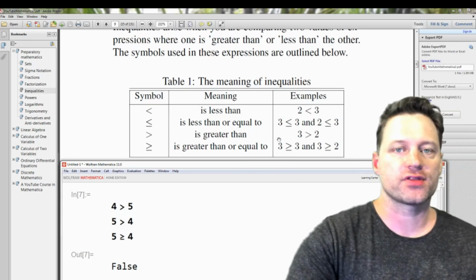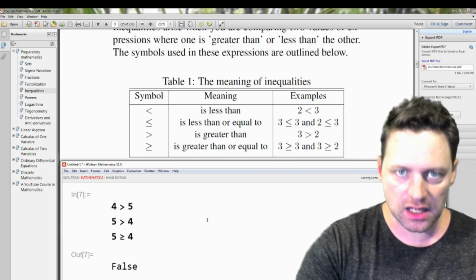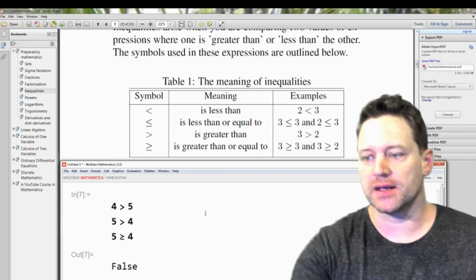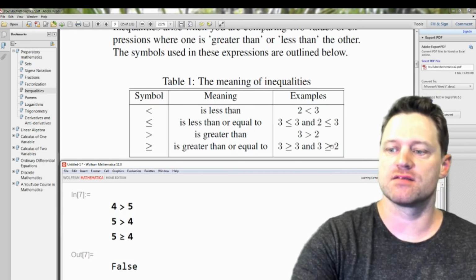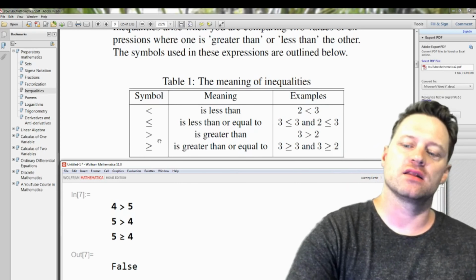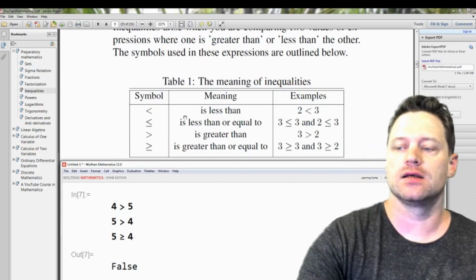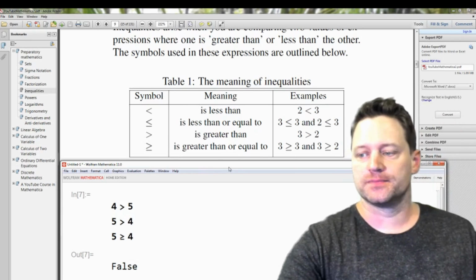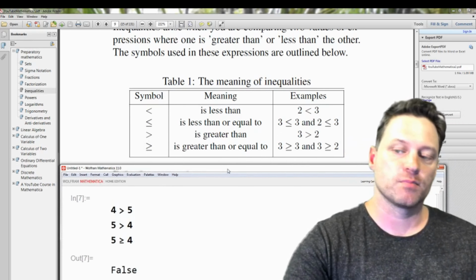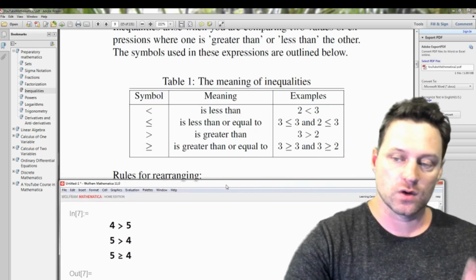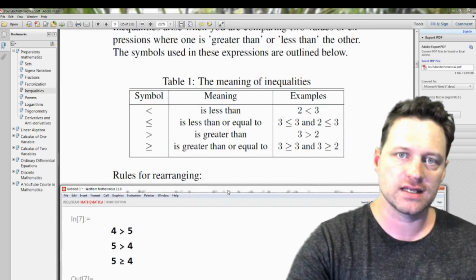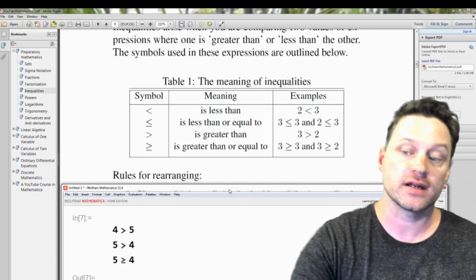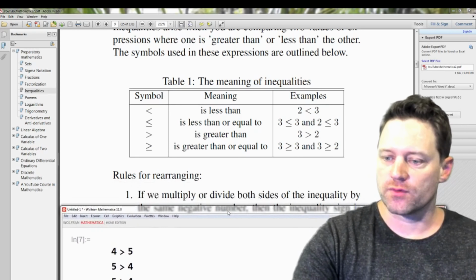For example, 3 is less than or equal to 3 because they are equal, and 2 is less than or equal to 3 because 2 is less than 3. When you turn those the other way, it's just as we've already discussed: greater than, or greater than or equal to. These are the important symbols that we need. Of course, there's also the equal symbol, but we don't call that an inequality. We call that equality.